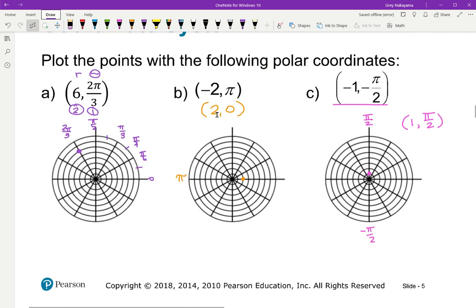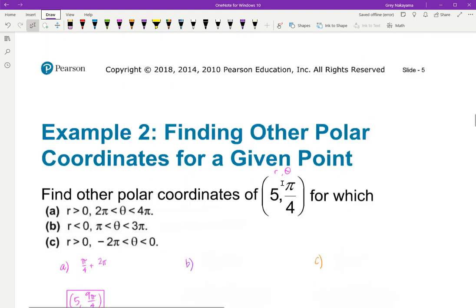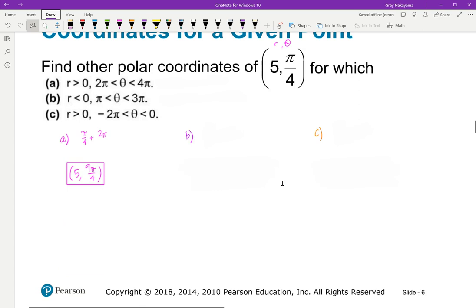And if I change the r values to negative and positive, how far apart are the angles? Those 2 angles or these 2 angles? How far apart are they? I hope you can see that that is pi. So what I'm going to do this time is just add pi to it. And my answer is going to be negative 5, pi over 4.